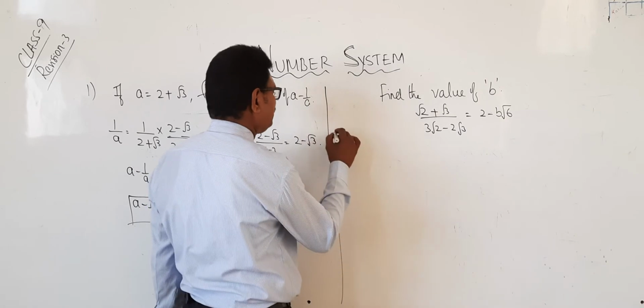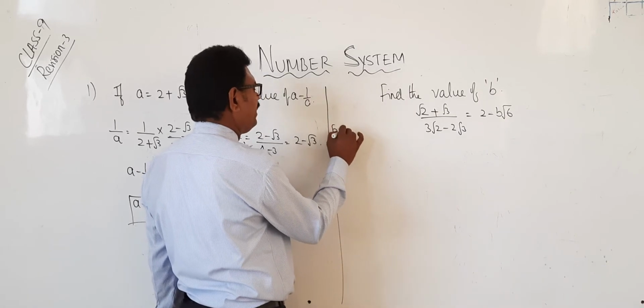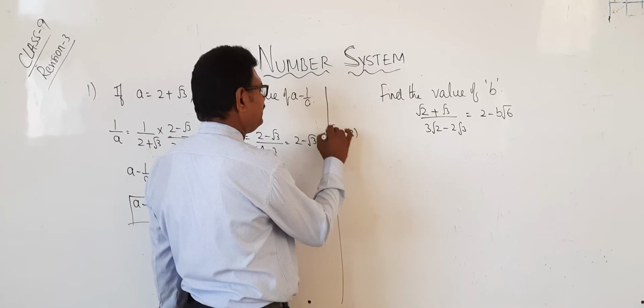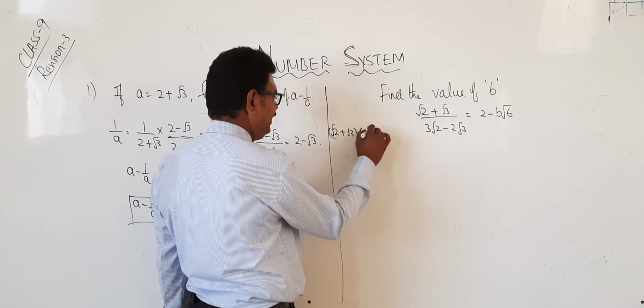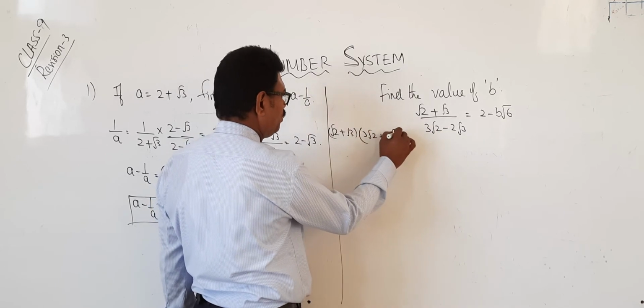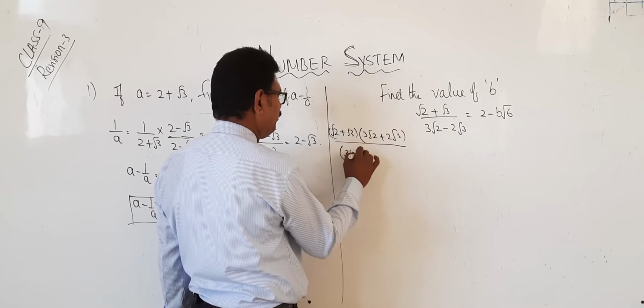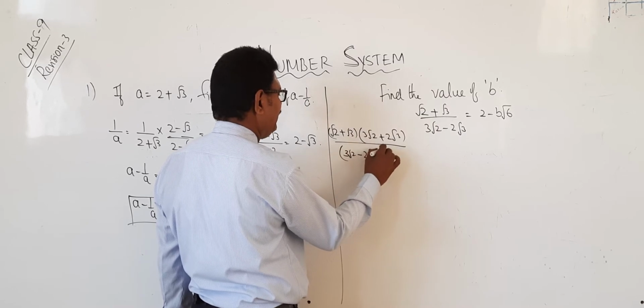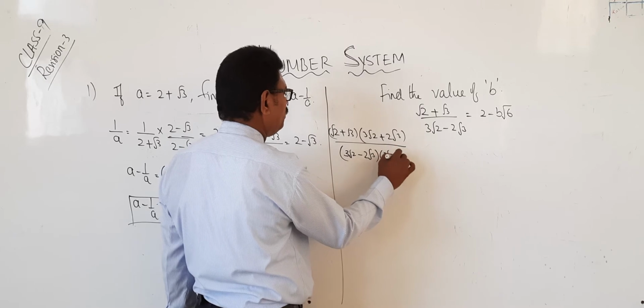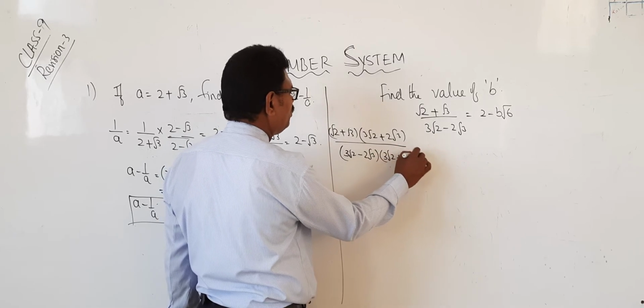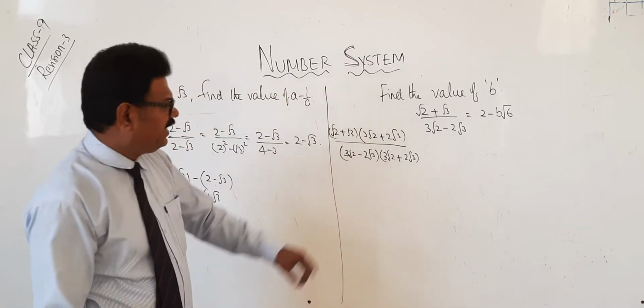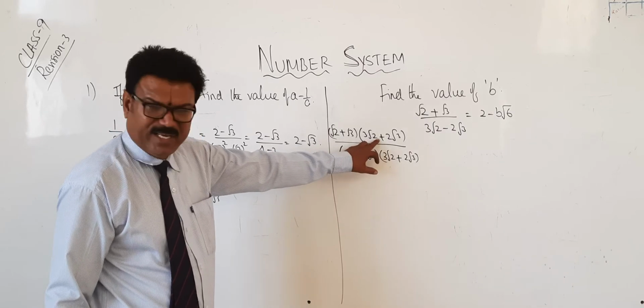Very, very simple. First you take root 2 plus root 3 into 3 root 2 plus 2 root 3, divided by 3 root 2 minus 2 root 3 into 3 root 2 plus 2 root 3. Because here minus is there, therefore we have to take plus.